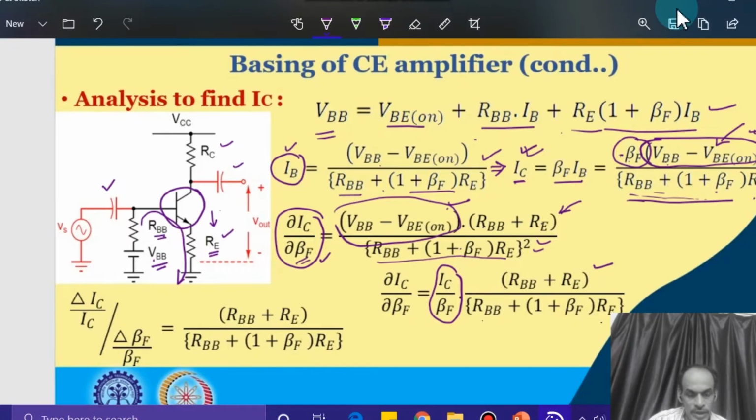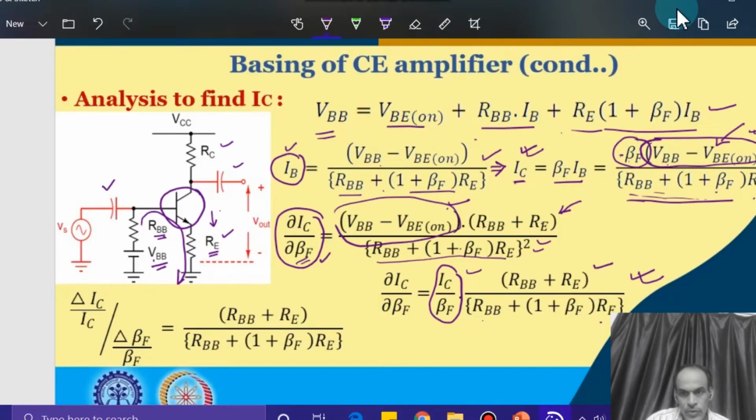So this equation, further if we try to get more engineering meaning out of it, we can rewrite this equation by considering this factor on the left side.